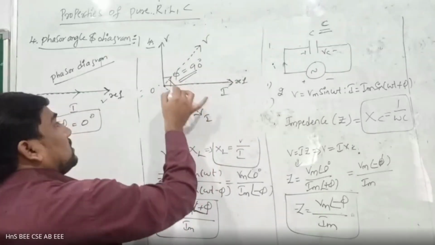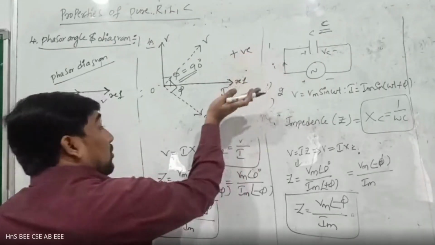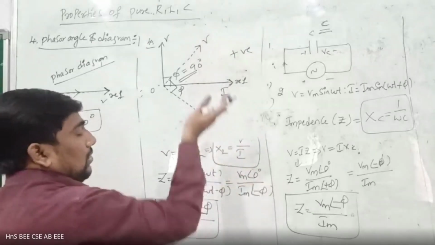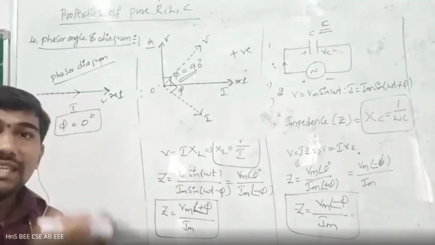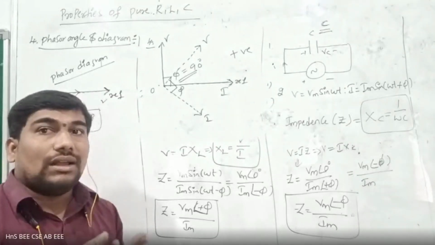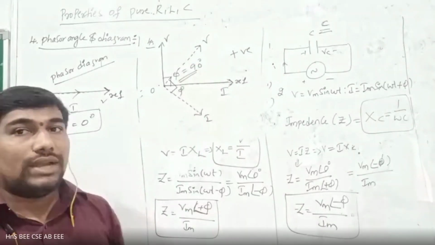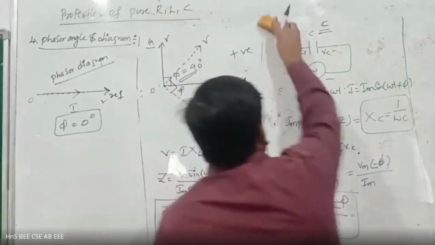These are also correct. Above the reference line, all comes to positive. Below the reference line, all comes to negative. Okay. In our pure inductor, which is negative, which is lagging, is nothing but current is lagging. Voltage is leading. Okay. Now coming to pure capacitor.